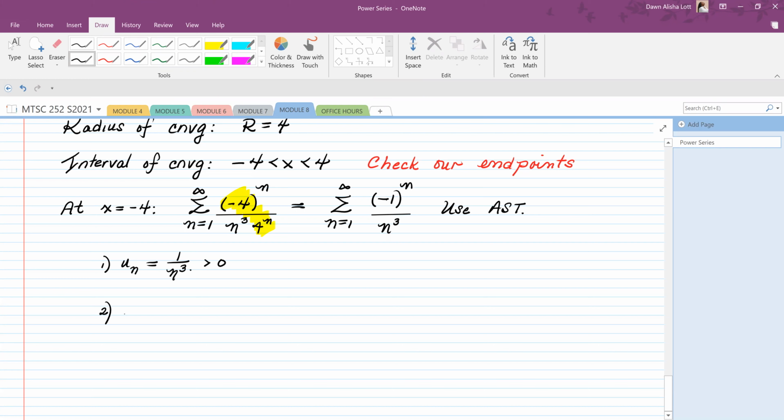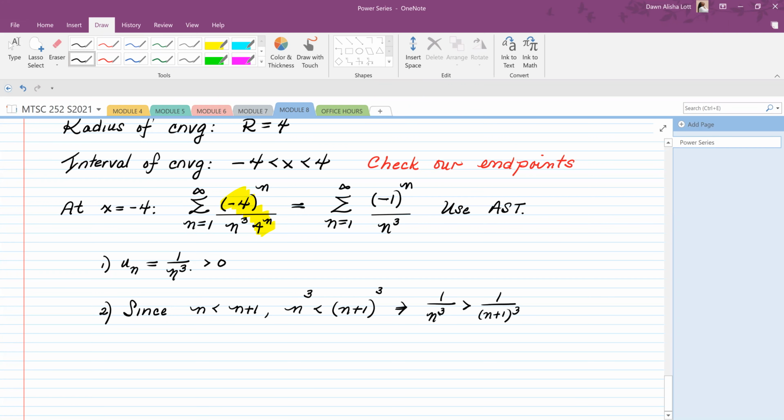Two, since n is less than n plus 1, n cubed is less than n plus 1 cubed, which then implies 1 over n cubed is greater than 1 over n plus 1 cubed.